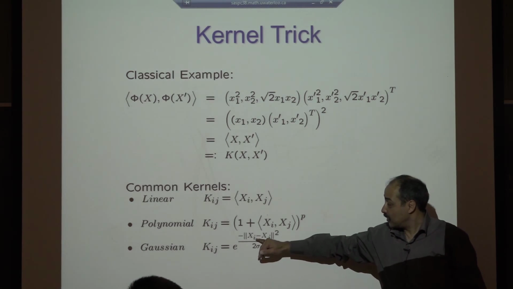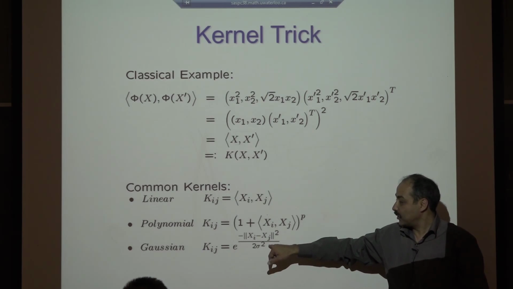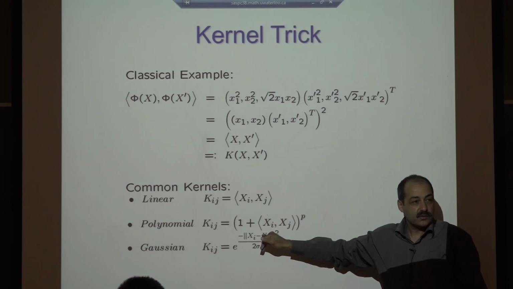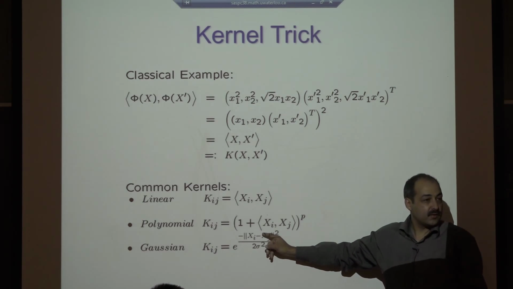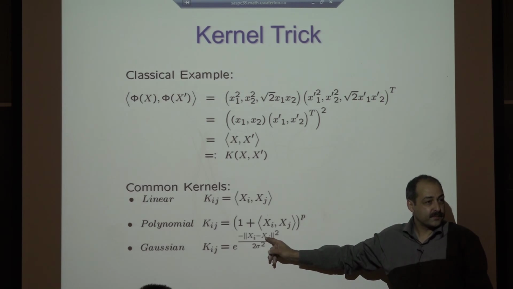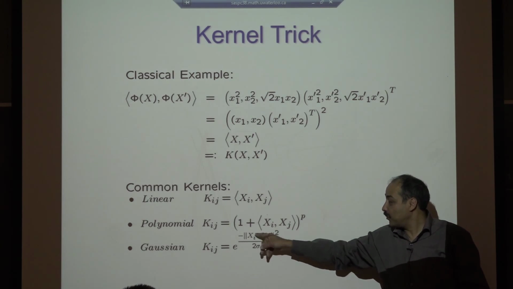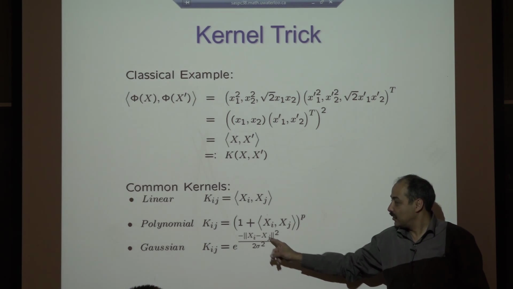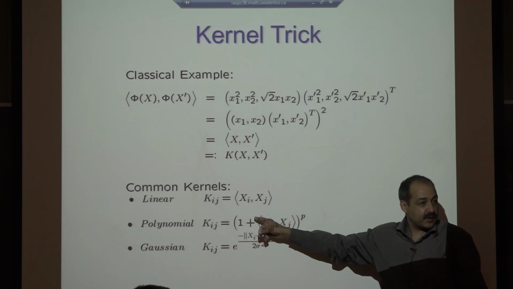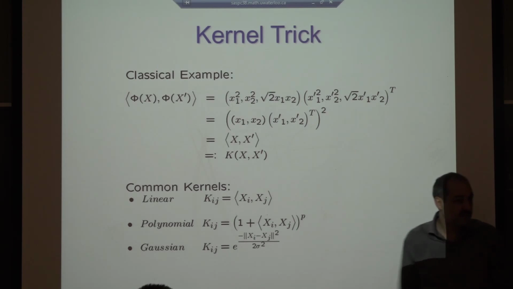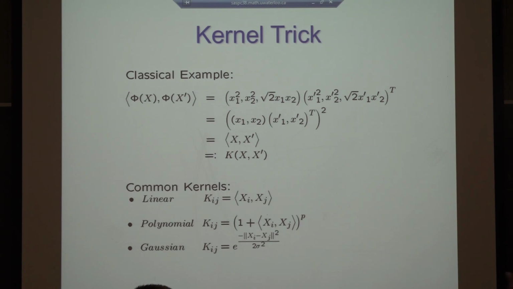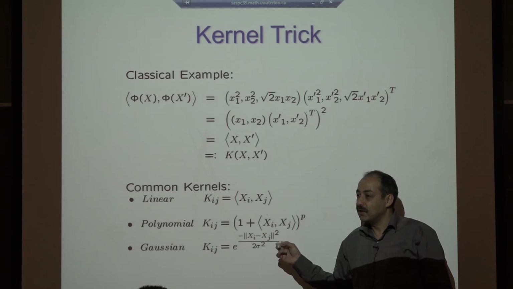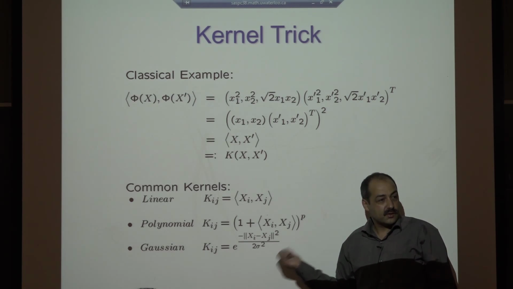Look at this, xi minus xj squared divided by something. If xi and xj are the same, it's going to be 0, right? And e to the power of 0 is going to be 1. But if xi and xj are far apart, it's a large value, and e to the power of negative large value would be close to 0. So if these two points are similar, it's close to 1. If they're dissimilar, it's close to 0.